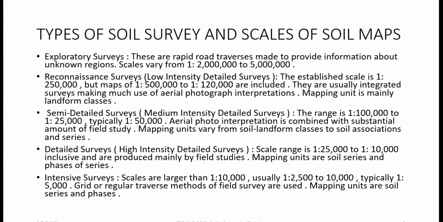They are usually integrated in survey, making much use of aerial photography and remote sensing, and it will give a mapping unit in a landform, valleys, lowland, mountain, and it gives some information, but still the scale is very low.